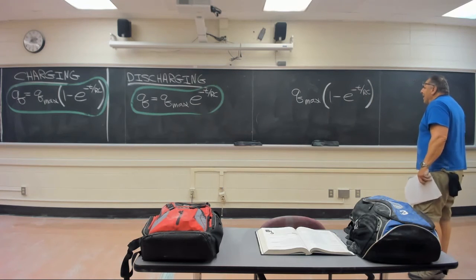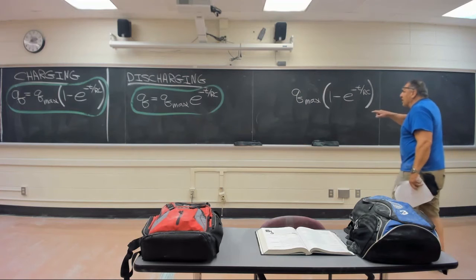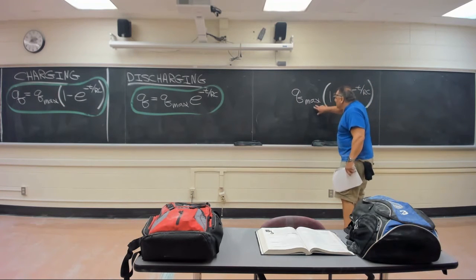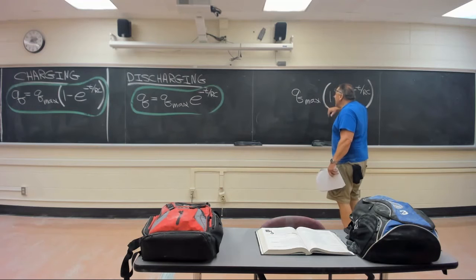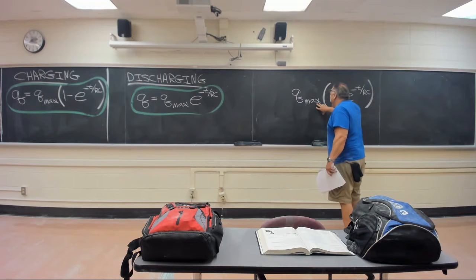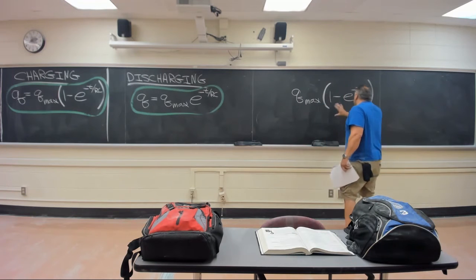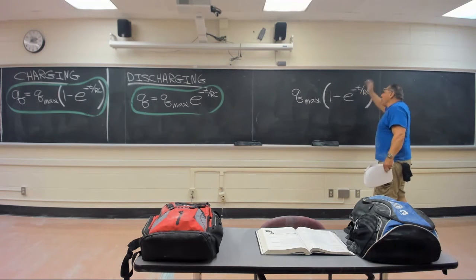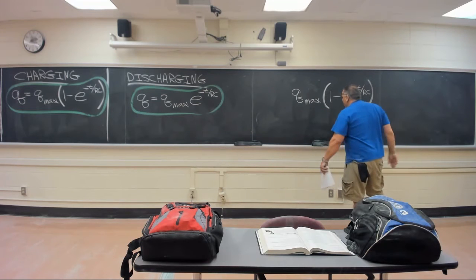You reached up to here. You didn't go to t equals infinity or t equals something very big yet. You could, but you didn't quite yet. And this is the amount of charge you got on the capacitor plates.